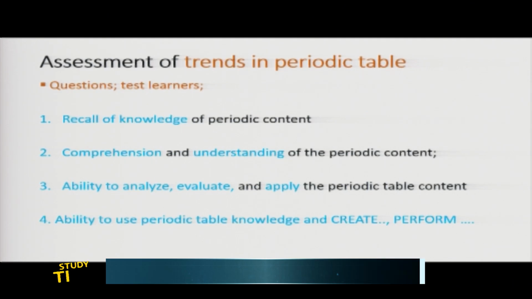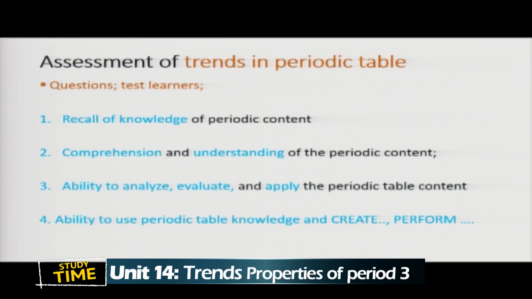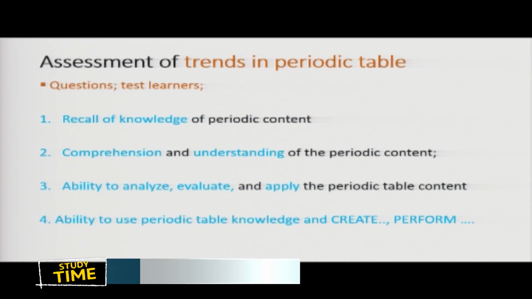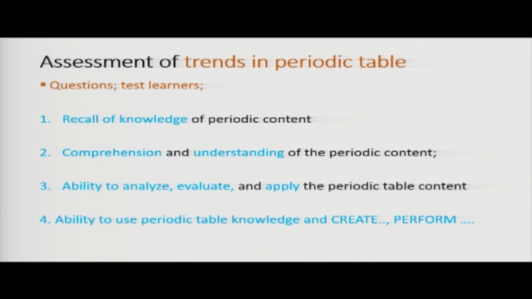First, it's involving the recall of knowledge. All that we looked at, can you really recall some of the principles and some of the components of the periodic table? When that is done, we also test the comprehension and understanding of the trends and the components of the periodic table.